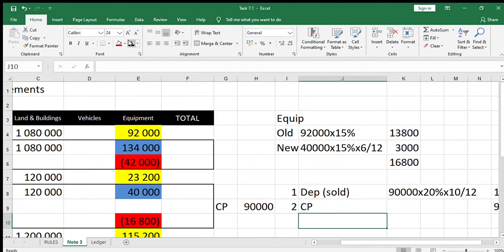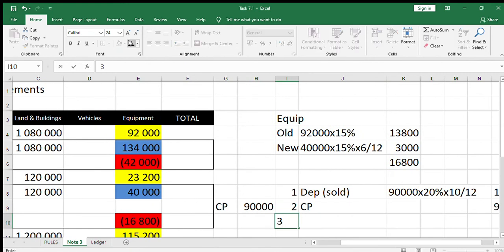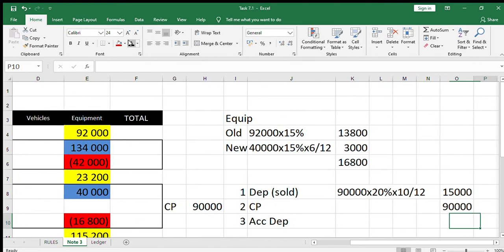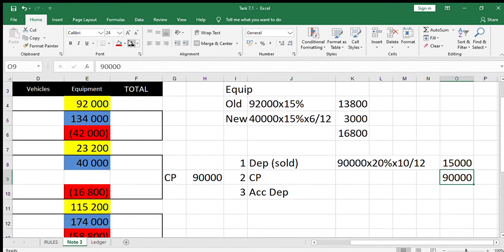The next step of the asset disposal is to calculate the accumulated depreciation. Now, accumulated depreciation, you must remember, is accumulated depreciation at the beginning of the year. Sometimes it's given to you in the question, and other times you may have to calculate it.